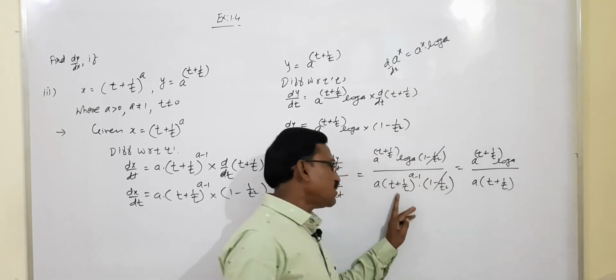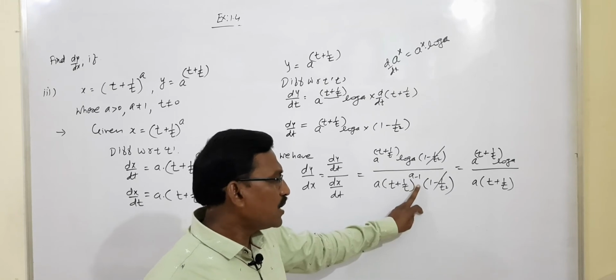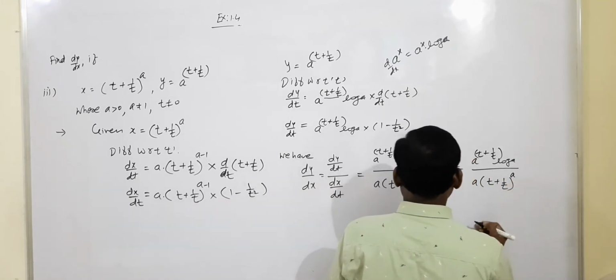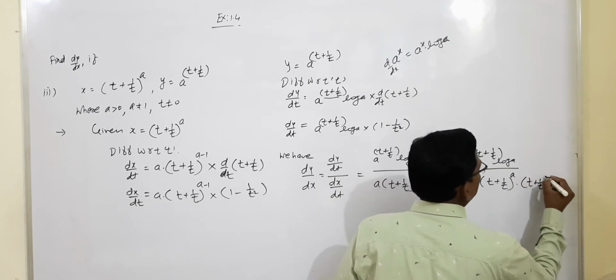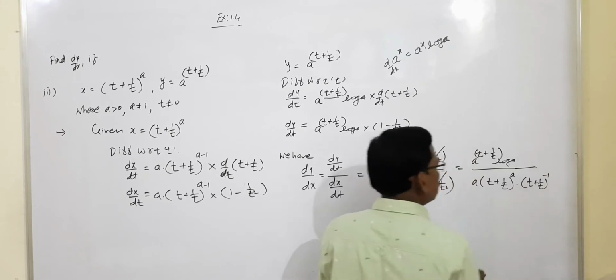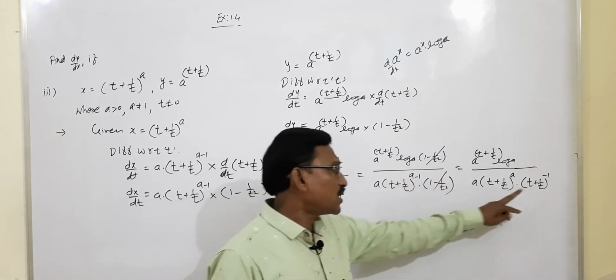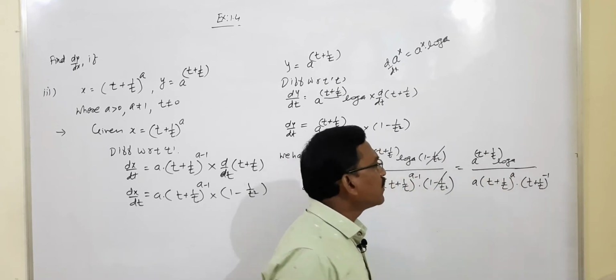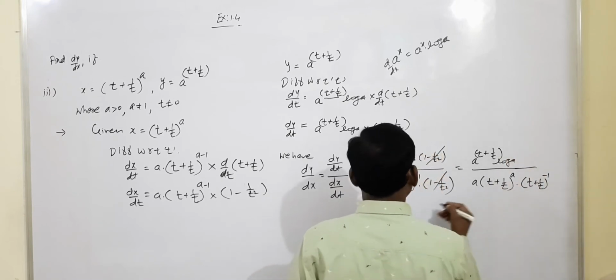We write this t plus 1 by t to the power a minus 1 in this way: t plus 1 by t to the power a into t plus 1 by t to the power minus 1, because when the bases are the same in multiplication, we subtract the powers. We write this bracket in this way. Now we take this bracket in the numerator here.